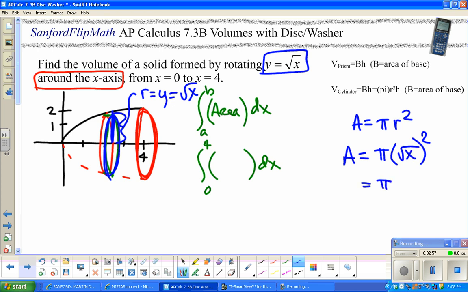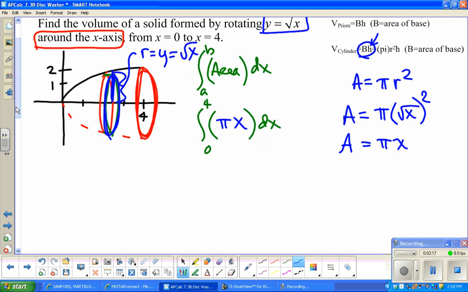So this is just pi x. That's the area of the base, and the height in this case is the dx. So here's the area of the base times the height, and we can just buzz through this. This is a fairly easy one.